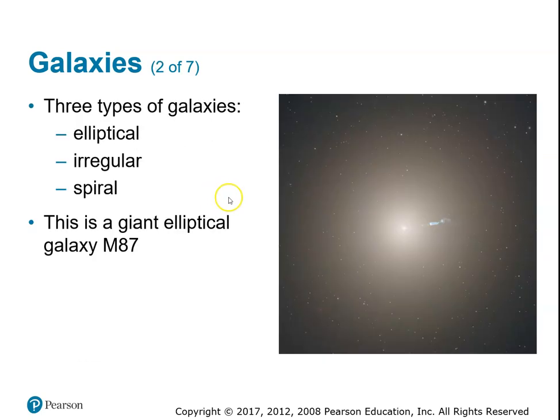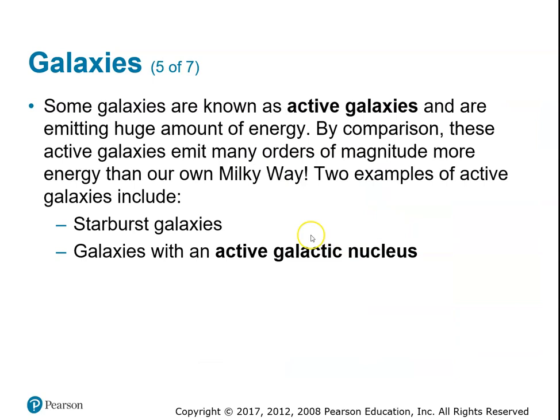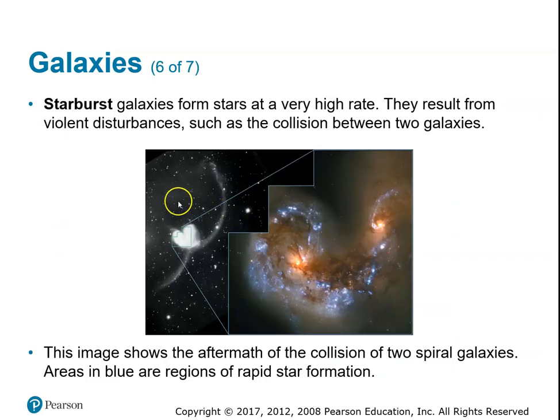But then you go to M87, which is an active galaxy. Active galaxies can be elliptical, they can also be spirals, and you can even have irregular galaxies that are active. So the active part, by the way, we actually now understand. We didn't understand it before.